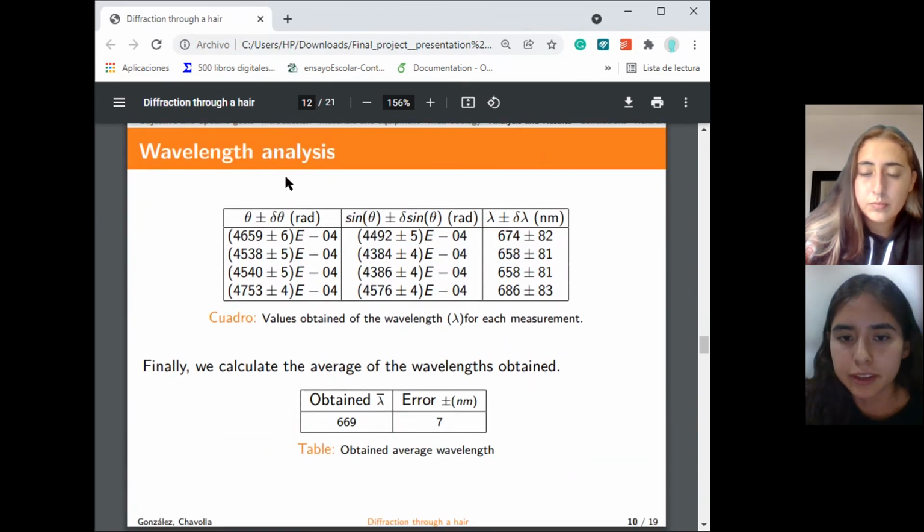We obtain this data here for the angle theta, the sine of theta, and the wavelength of the radiation. We calculated the average of the wavelengths and obtained for my laser a wavelength of 669 nanometers plus minus 7 nanometers.